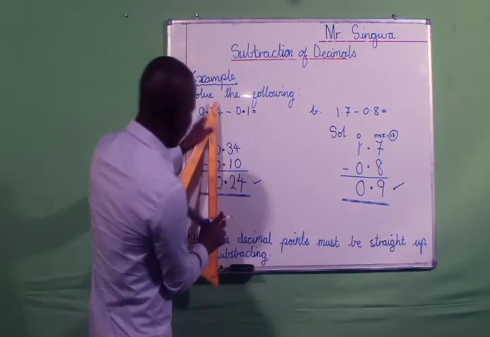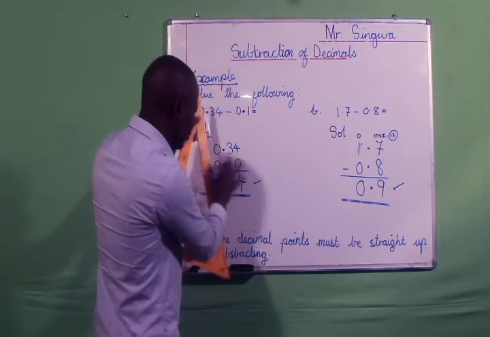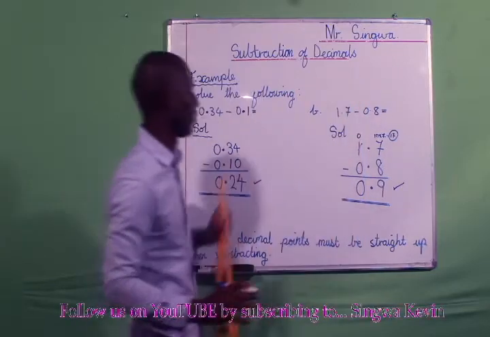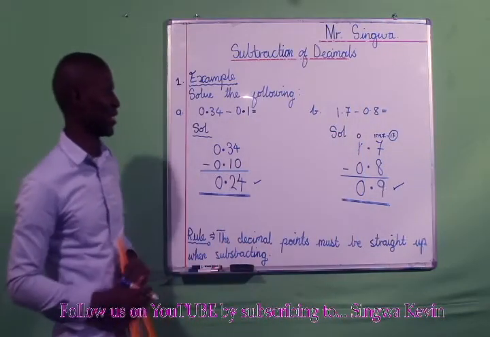The decimal points must be straight up. Please don't do any other thing. The decimal point must be straight up for you to get the correct thing.